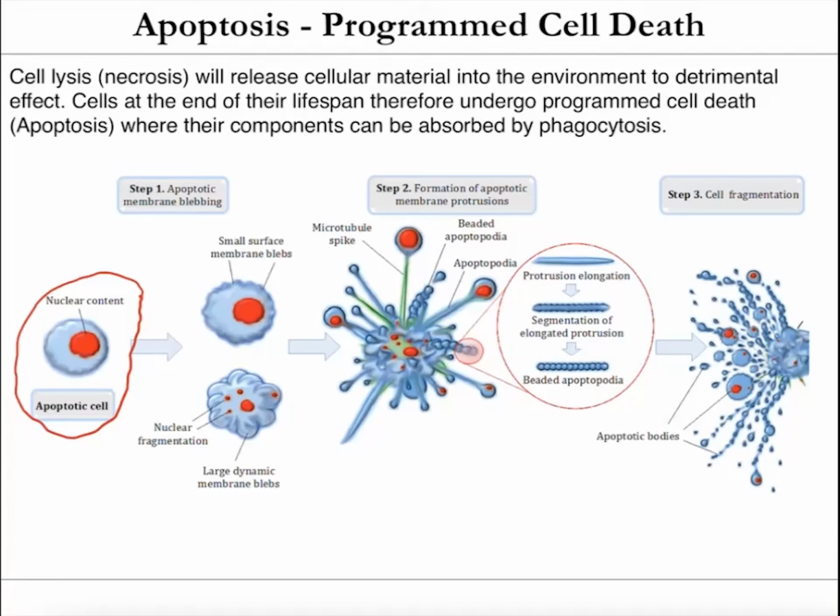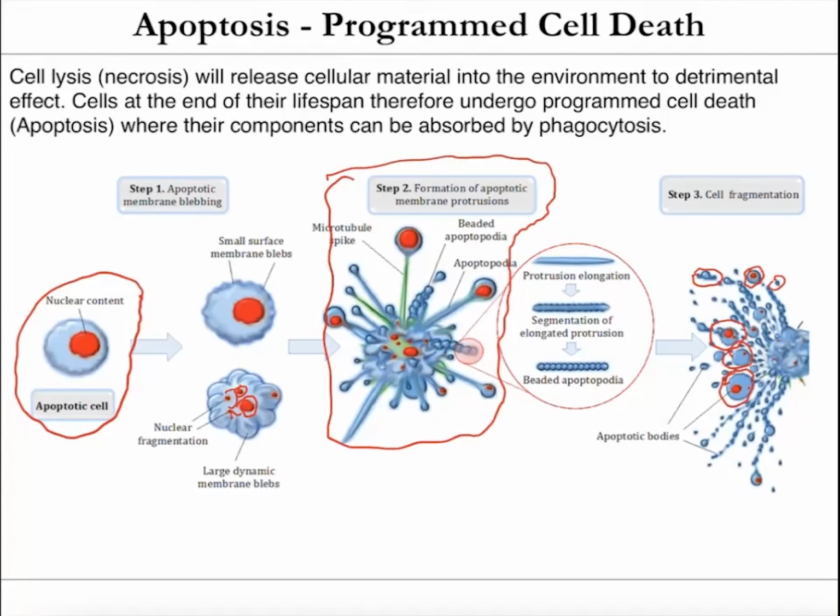What'll happen is the nucleus is going to fragment, and then all these changes are going to happen, and you're going to form these apoptotic membrane protrusions right here. Basically you get these little blebs, little membranes that contain the contents of the cell. The organelles within these can actually be fully functional.